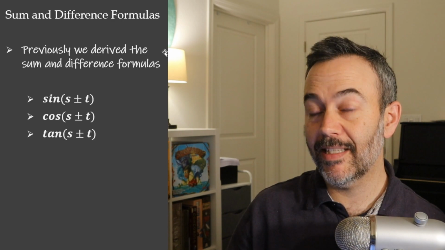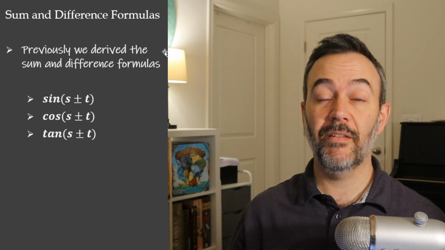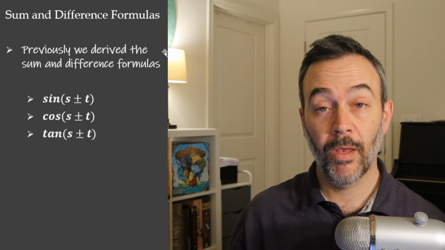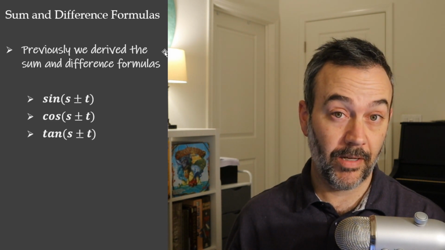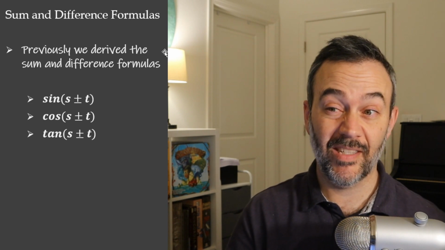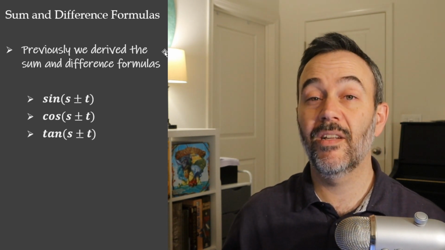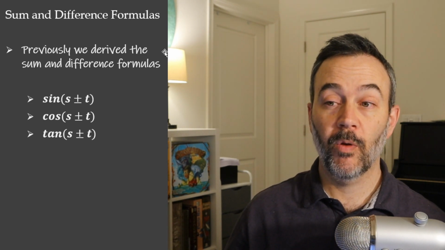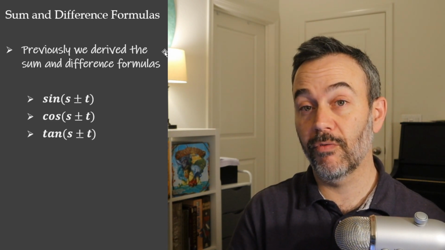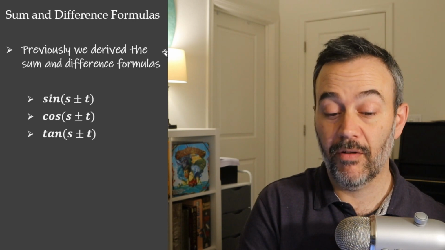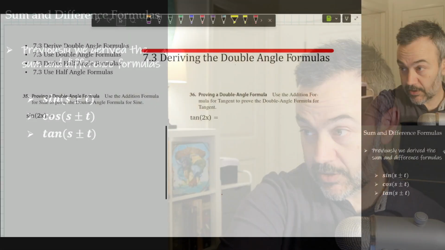When we have the sine of the sum of two angles, it's sometimes difficult to calculate that. But by using the sum formula, the identity for sine of s plus t, we can get it into a form that we can work with. We're actually going to use these sum and difference formulas to derive the double and half angle formulas. All right, so let's get started.